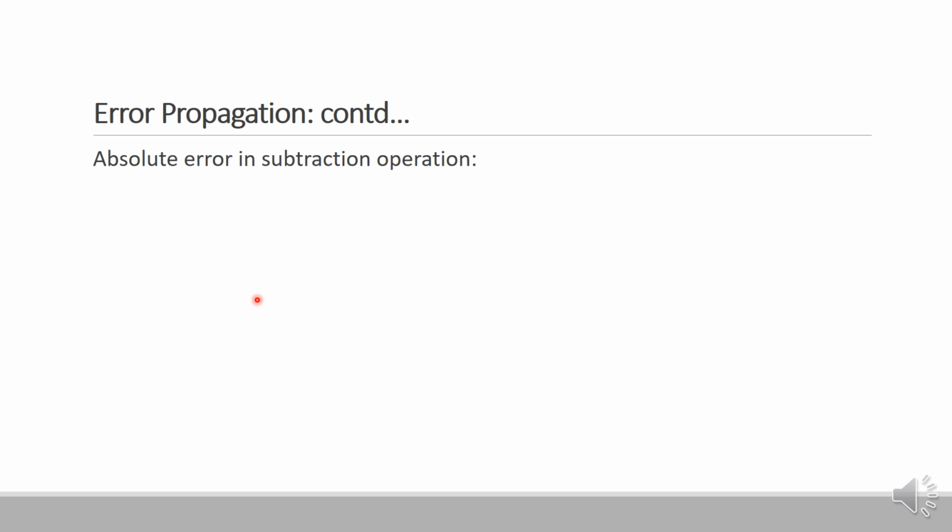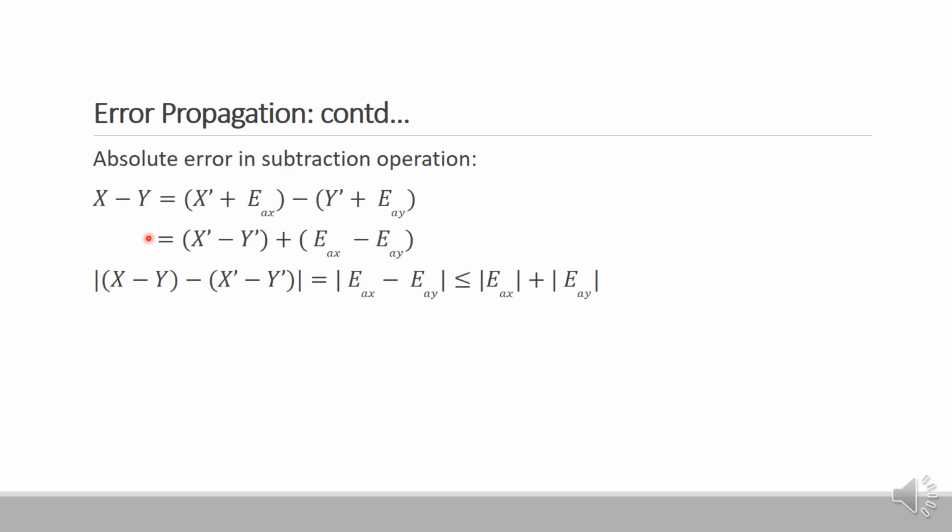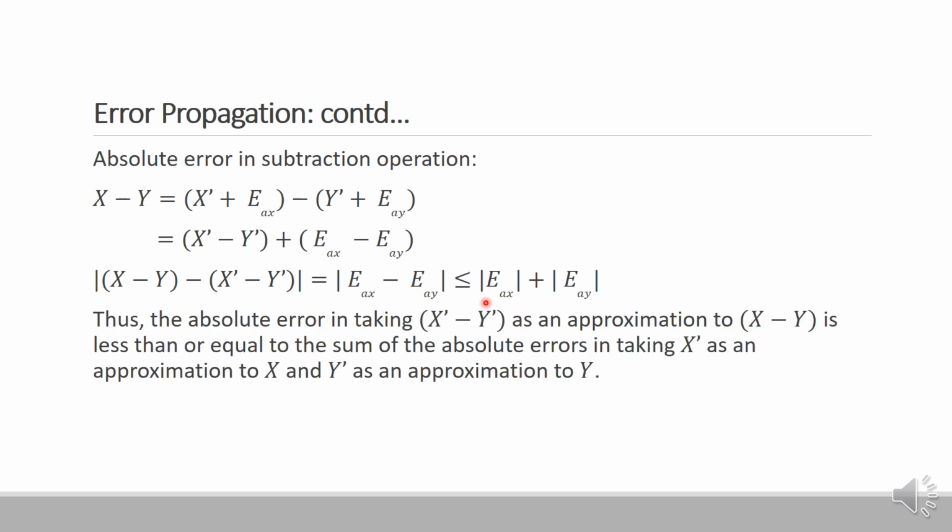Similarly, we will see the absolute error in subtraction operation. So again we find out x minus y, find its modulus value, which is less than or equal to modulus EAX plus modulus EAY. Thus, the absolute error in taking x dash minus y dash as an approximation to x minus y is less than or equal to the sum of the absolute errors in taking x dash as an approximation to x and y dash as an approximation to y.